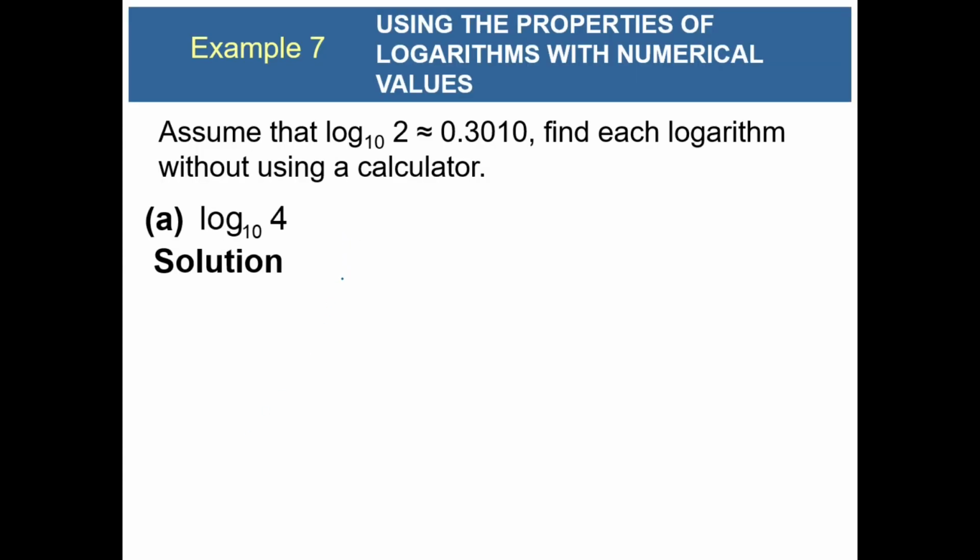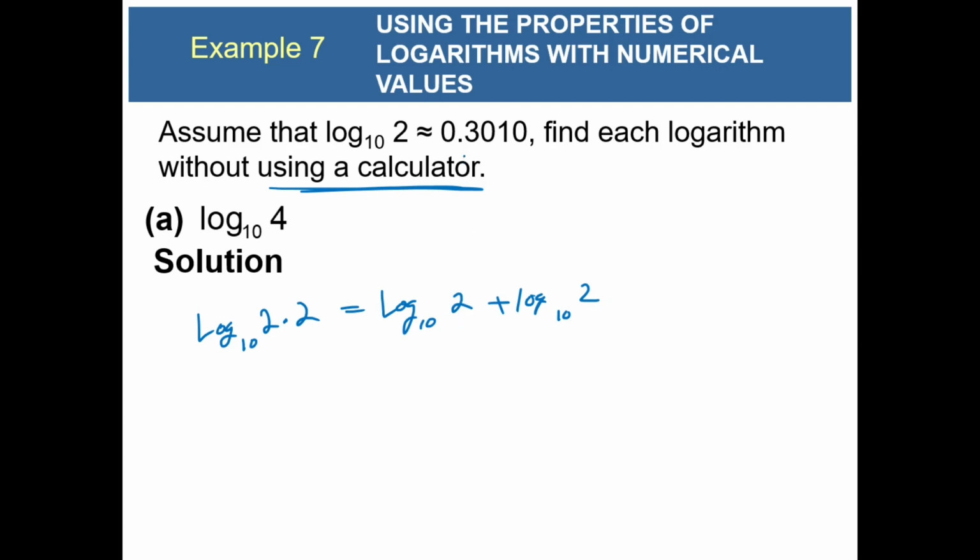Example 7, assume that log base 10 of 2 is approximately 0.3010. Find each logarithm without using a calculator. So I can rewrite this as log base 10 of 2 times 2, which is the same thing as 4. And this is equal to log base 10 of 2 plus log base 10 of 2.